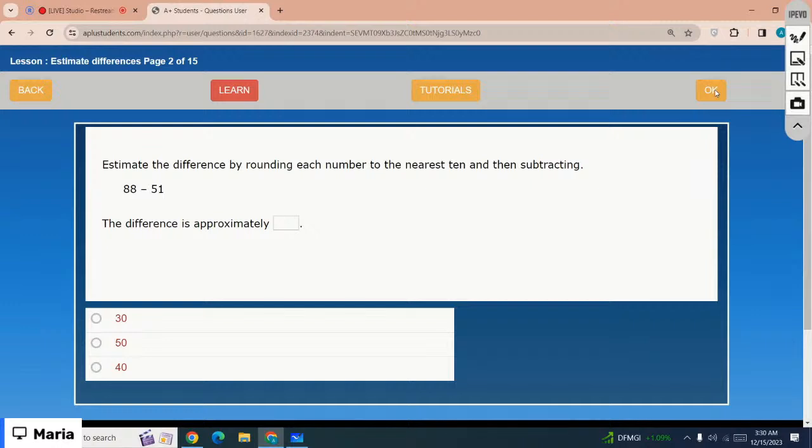So 88 minus 51 equals. 88 is rounded off to 90 and 51 is rounded off to 50.